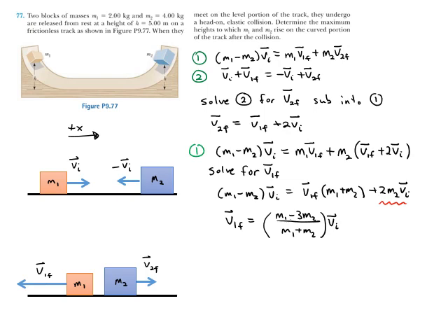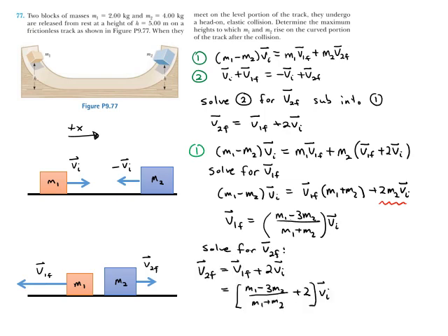Now I need to go back and solve for v2f, and that's not too bad. So I'll show you what that looks like. I just went up and took this equation and substituted in the formula for v1f. So it looks like this. You can simplify this a little bit by putting it over a common denominator.